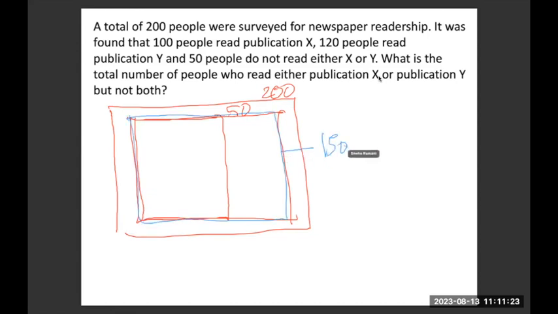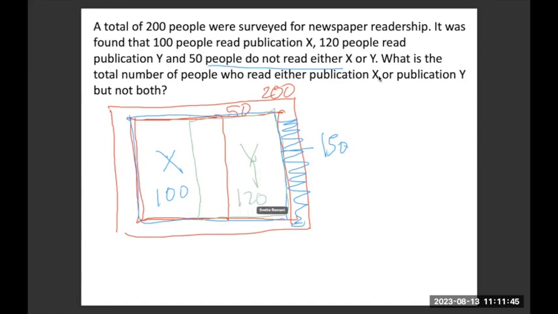The number of people who are staying in the shaded part is 50, who are not reading X or Y. Here, what I'm provided is, this is X, which is 100, and this is Y, which is 120. If I add 100 and 120 together, what I get is 220 people.